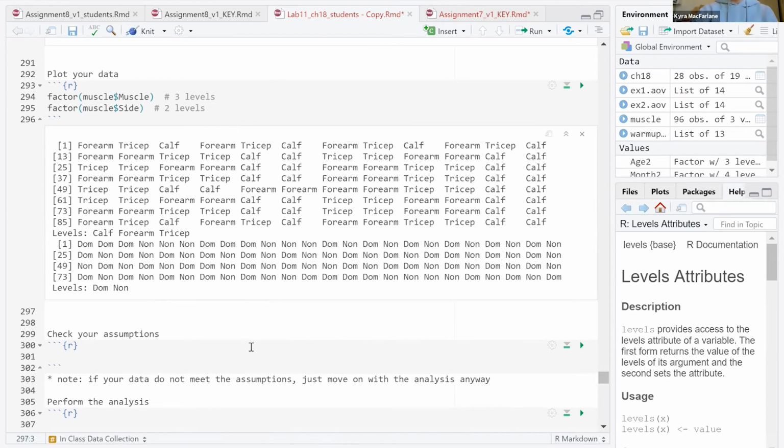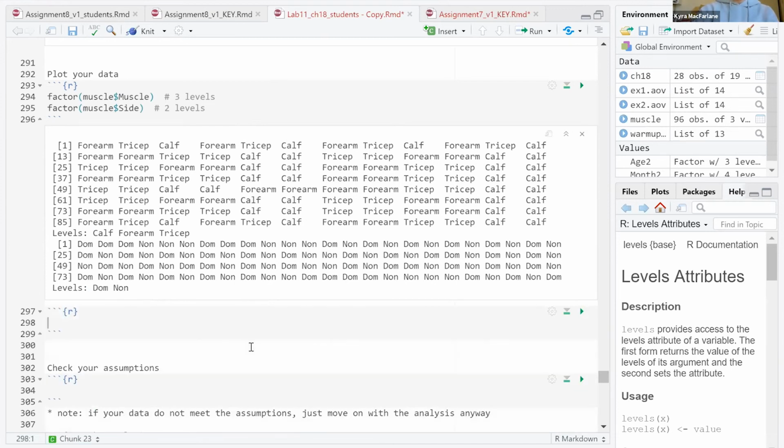So I'm going to also insert a new chunk for the box plot. So we have 3 levels for muscle, 2 levels for side. Neither of them really have an order to them, so neither of them should necessarily be on the x-axis. But side only has 2 levels, which means there'd only be 2 colors. So let's do that one as our colored factor.